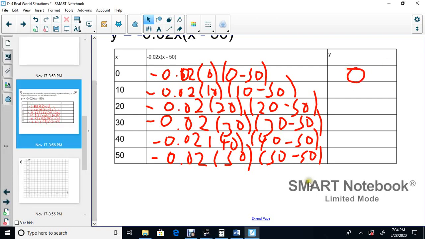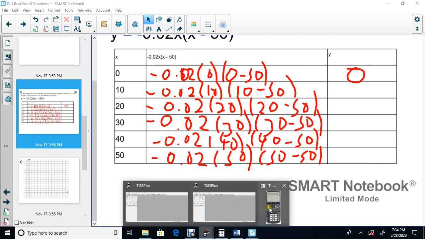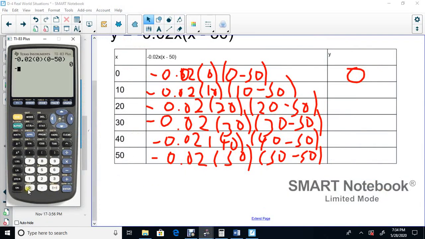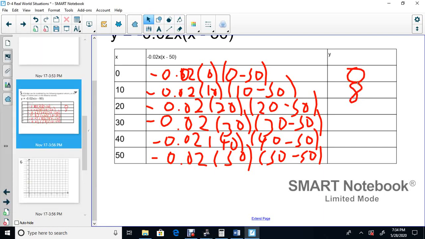Next one. So on the next one you get negative 0.02 times 10, or bracket 10 times 0 minus 10 minus 50. In a bracket we'll go 10 minus 50. Some calculators you can go back and retype it, so that one's 8. Next one here.